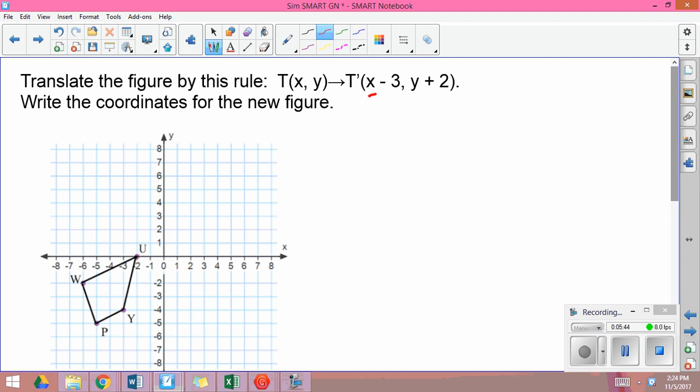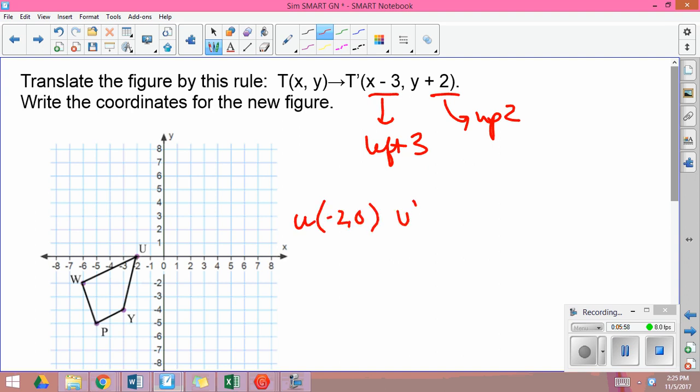This rule tells me -3, go left 3, plus 2, up 2. So if u is at -2, 0, then u prime -2 minus 3 is going to be -5. 0 plus 2 is 2. So -5, +2, u prime.